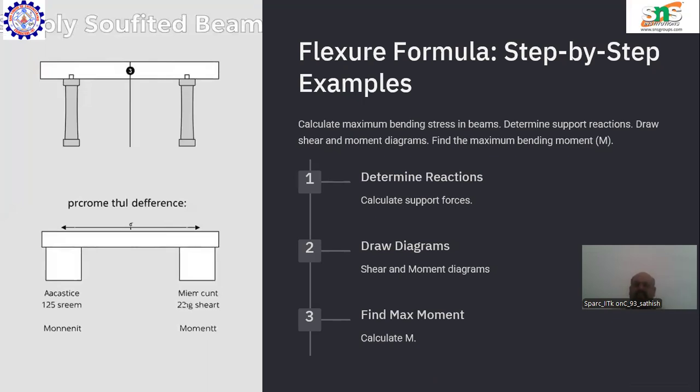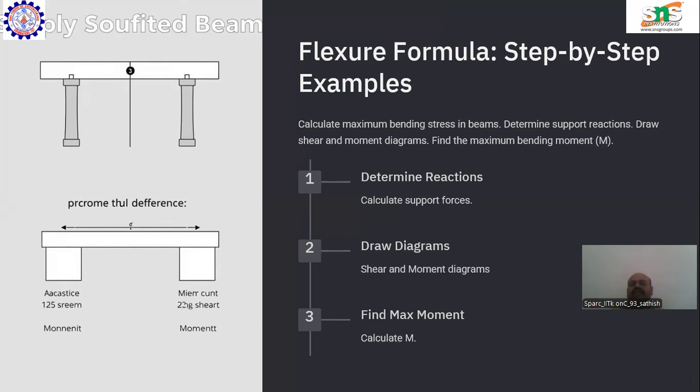Flexural formula, step-by-step examples. So, calculating maximum bending stress in beams: determine support reactions, draw shear force and bending moment diagrams, find the maximum bending moment. For support reactions, let us consider a simply supported beam which has a point load at the center. First, in a simply supported beam, we need to calculate the support reactions RA and RB.